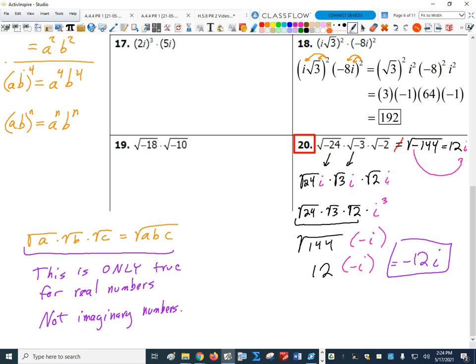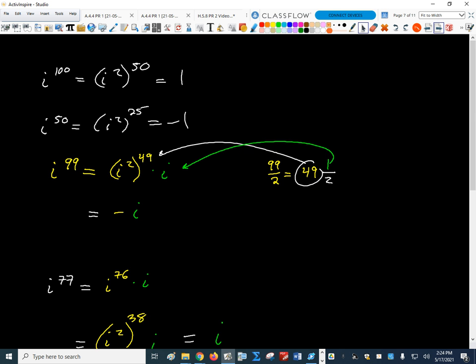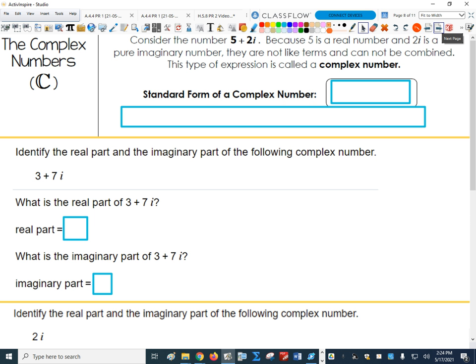Okay, good. All right, so the other new piece for today has to do with the definition of a complex number. It turns out that pure imaginary numbers and pure real numbers are not the only possibilities. Those are actually kind of special, rare numbers.